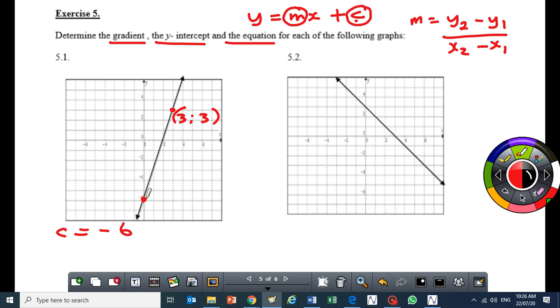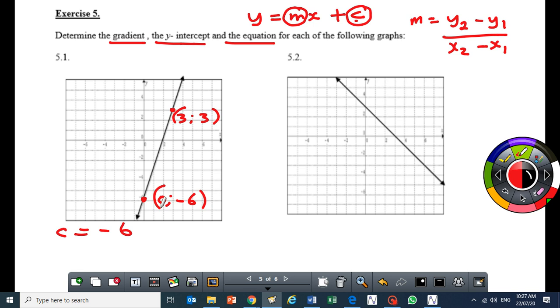So at this point x is 0 and y is minus 6. So I have identified my 2 points. Now it's your choice which points you are going to choose, but you have to be very wise about the 2 points.